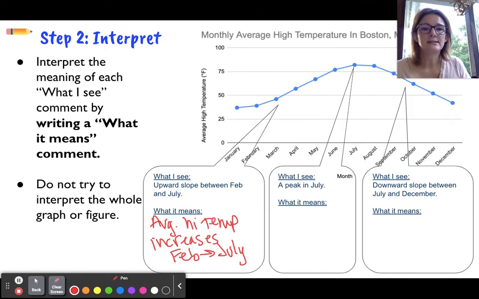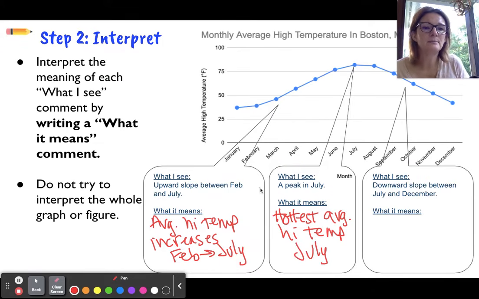So, peak in July, what does that mean? That means that the hottest average high temp is in July. And hopefully you see the pattern here. What does it mean that there's a downward slope between July and December?